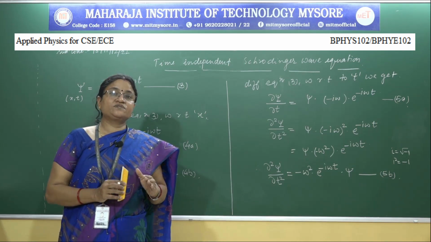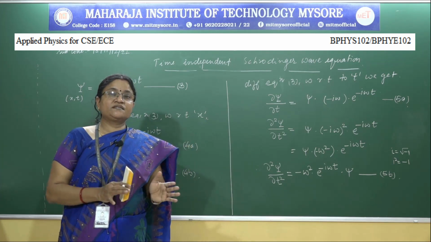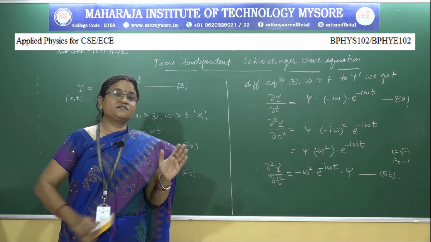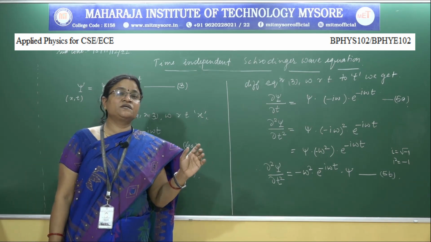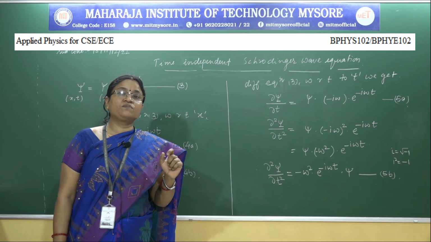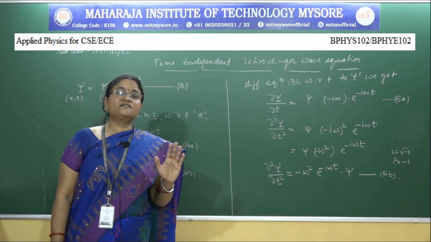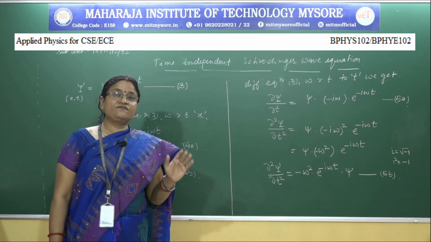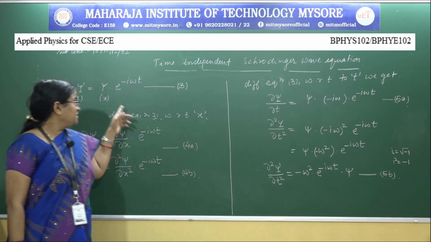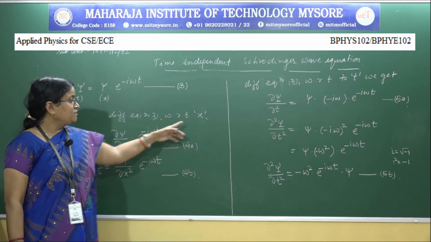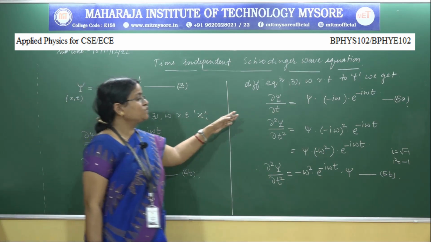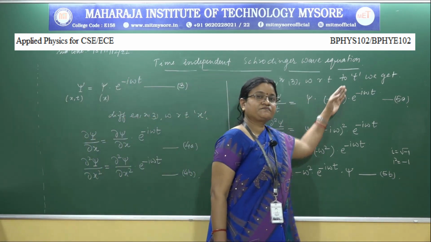We have separated the position term and the time term. Then we considered the position term, a exponential of plus i kx is equal to psi. This psi is only a function of x, and later we have differentiated the equation with respect to position, that is x, and with respect to time.